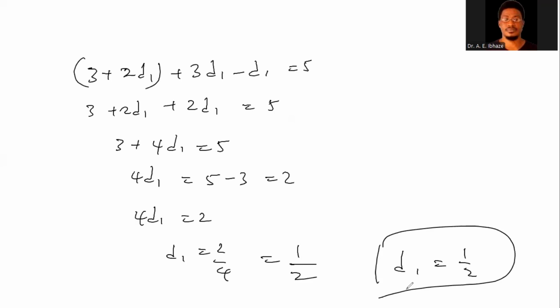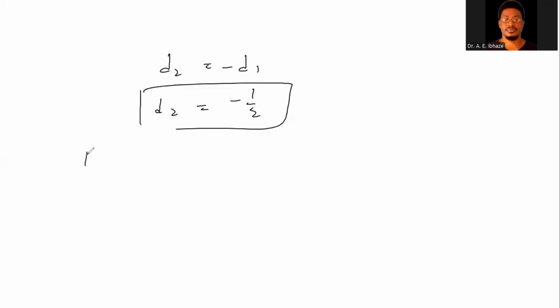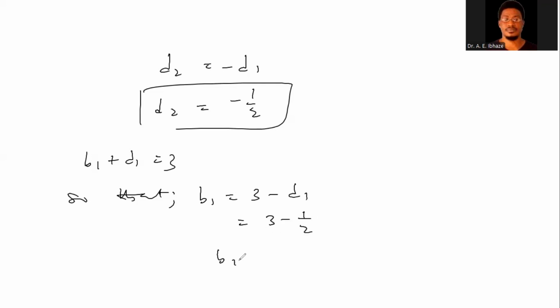So now that we've done this, we can back substitute. That is, since d2 is the same as negative d1, then we know that d2 is the same as negative 1/2. But b1 plus d1 is the same as 3, so that b1 will be the same as 3 minus d1, which will be the same as 3 minus 1/2. So that b1 will be the same as 6 minus 1 over 2, which will be 5 over 2.